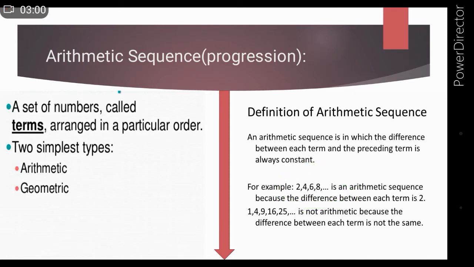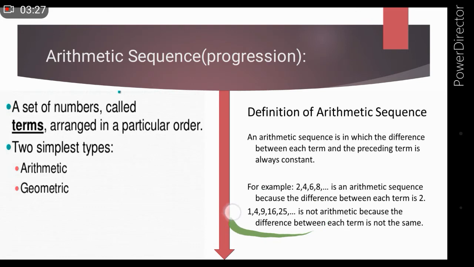Now move towards the second example: 1, 4, 9, 16. First you have to find the difference between two terms. 4 minus 1 is 3, 9 minus 4 is 5, 16 minus 9 is 7. You can observe that the difference between two terms is not the same. The difference between the first two is 3, and between 9 and 4 it is 5.